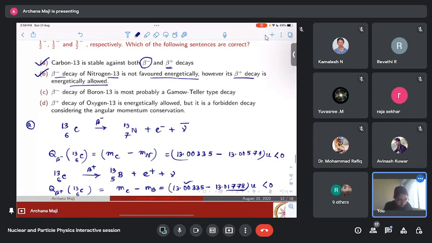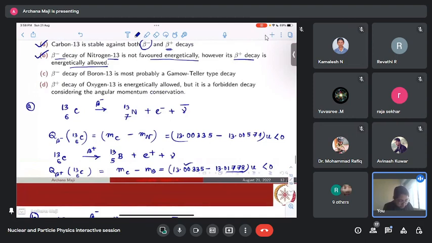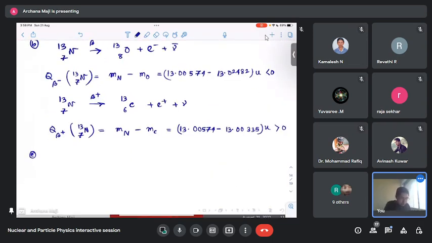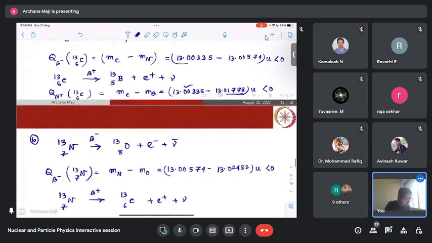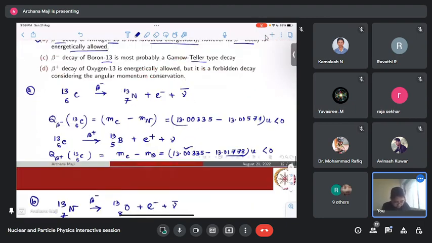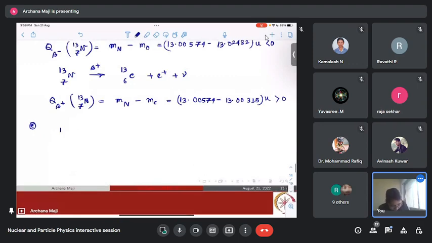Let us check option C. It says beta minus decay of boron 13 is most probably a Gamow-Teller type decay. Beta minus of boron 13 will become carbon 13 plus electron plus antineutrino.